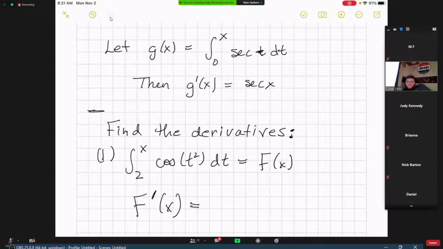Is it possible to use a chain rule for this one? We're going to do some that need the chain rule, but this one doesn't. Okay. Look back up here.